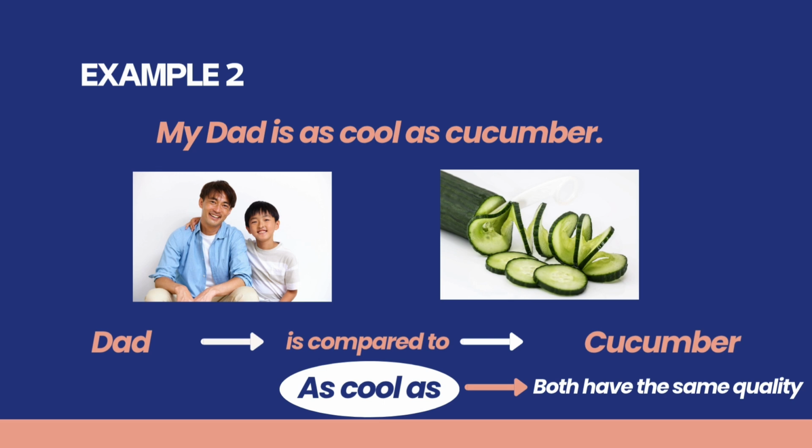We use this simile to describe someone who stays calm and relaxed even in a tense or stressful situation. And see, we are using the word as again, as cool as. So that's what makes it a simile. And I hope now you are able to understand little by little.